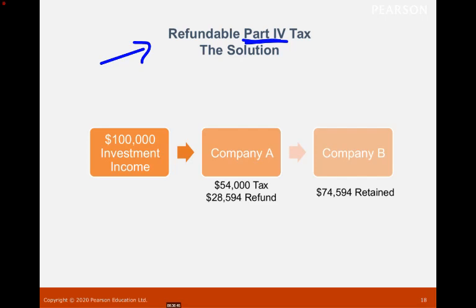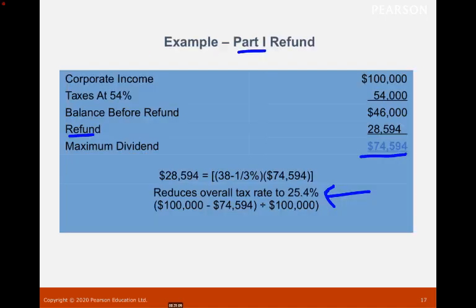So in this example, we have $100,000 of investment income. That money goes to Company A. Company A is going to pay $54,000 of tax and has the potential here for this $28,594 refund. Same numbers we were looking at here.